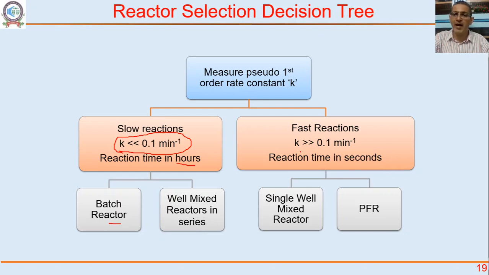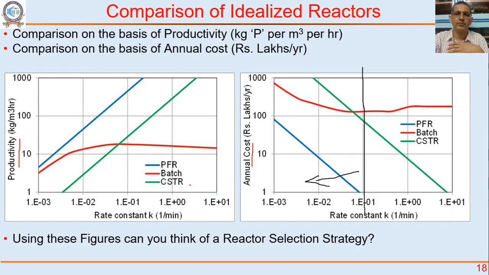If reactions are fast, we can think of plug flow reactor or we can think of a single well mixed reactor. Both become manageable. Batch does not become manageable because if reaction is fast, filling, heating, discharging takes so much more time that volume productivity is lost.